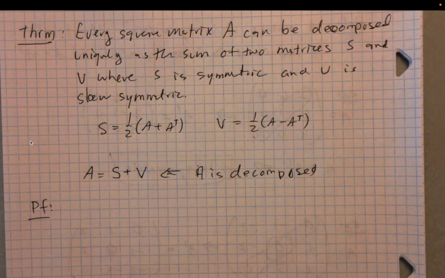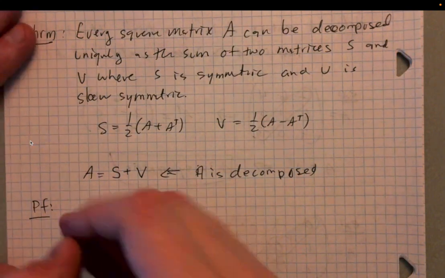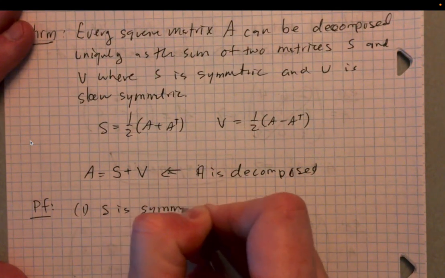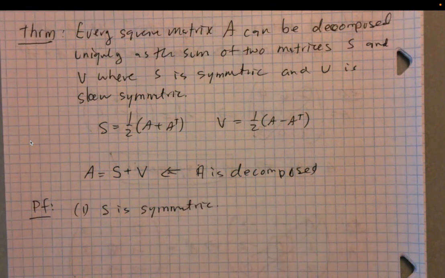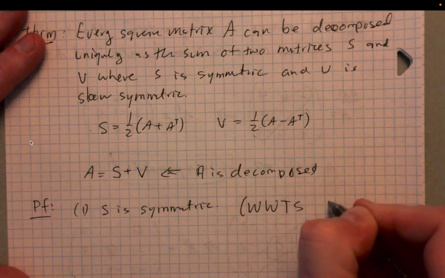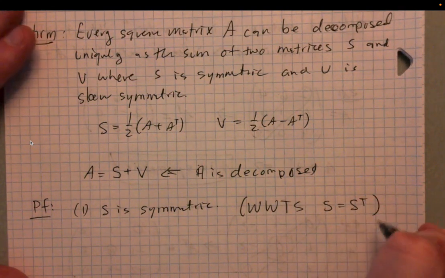So first, let's show that S is symmetric. After that, we'll show that V is skew symmetric. And then finally, we'll show that A is equal to S plus V. So first item, S is symmetric. So what do we need to show? We wish to show that S equals S transpose. How can we do that?